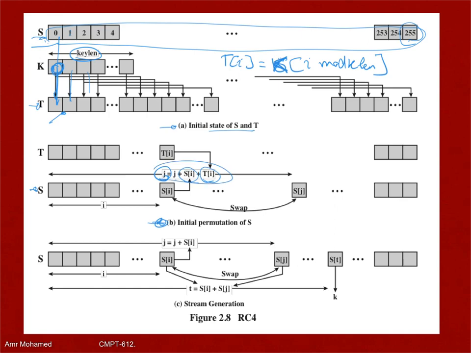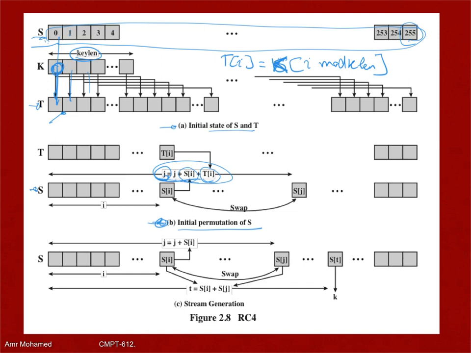Based on this. So I calculate this, and then I take the value in this byte, and I switch it with the value in the 0 index. Then I increment i, and then I see the new value of j, and I keep doing that a fixed number of times equal to 256. So this initial permutation is done, again, 256 times.